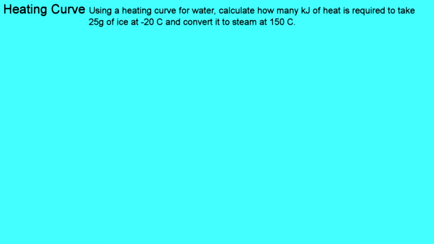So let's talk about doing a heating curve. This is used to calculate how much energy is involved to take an ice cube. Say we have a 25-gram piece of ice at negative 20 C, so this is an ice cube at minus 20 C. How much energy is it going to take to convert it to steam at 150 degrees?